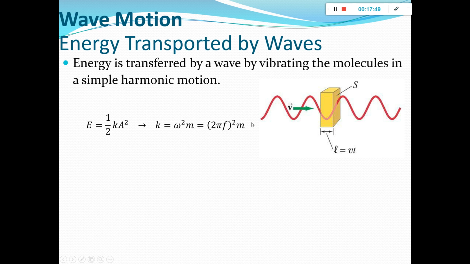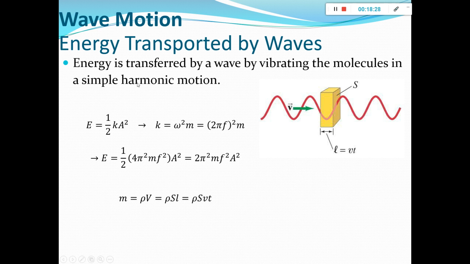Now I can replace the k with this, so now it's in terms that any medium has. For example, when the wave's going through, it has a defined frequency and the medium does have a mass to it. So this equation now makes a lot more sense than the original one, but notice how it still comes back from that original foundation. So simplified, the equation of energy would look something like this.